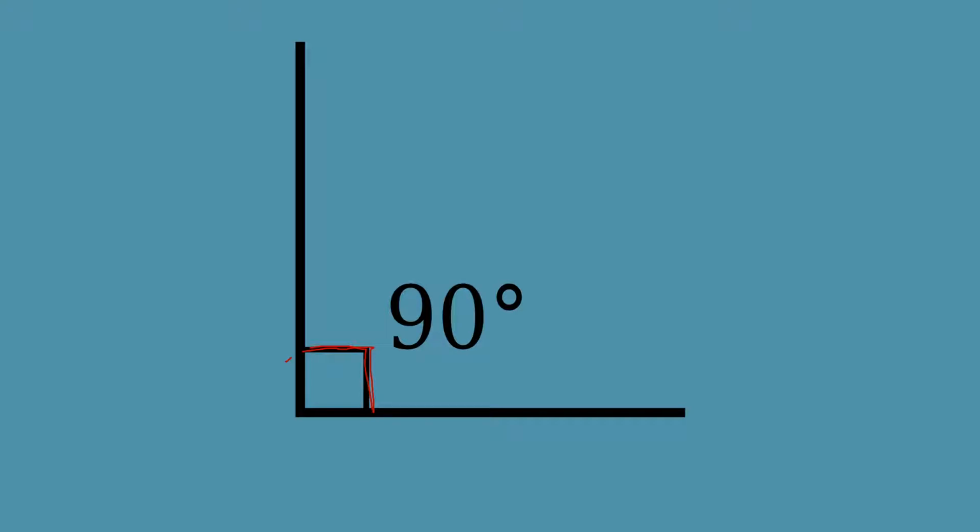So let's go over a few facts about right angles. First of all, you need two straight lines to make a right angle. If either of your lines are curved at all, then you can't make a right angle. And here's another thing you notice.